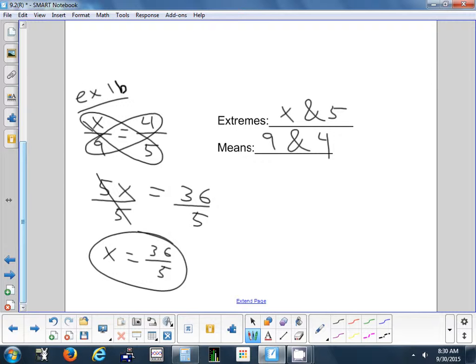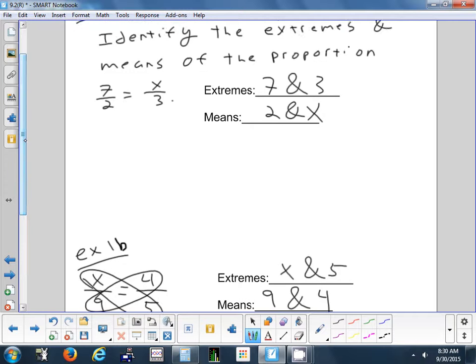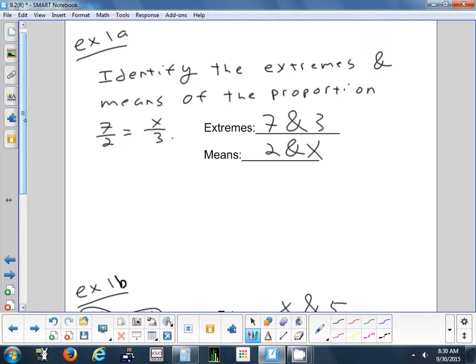You guys want to try one more of the easy ones? Okay. Let's try this one. What's 7 times 3? 21. Equals, Maria, what's 2 times x? 2x. And my last step to get x alone.